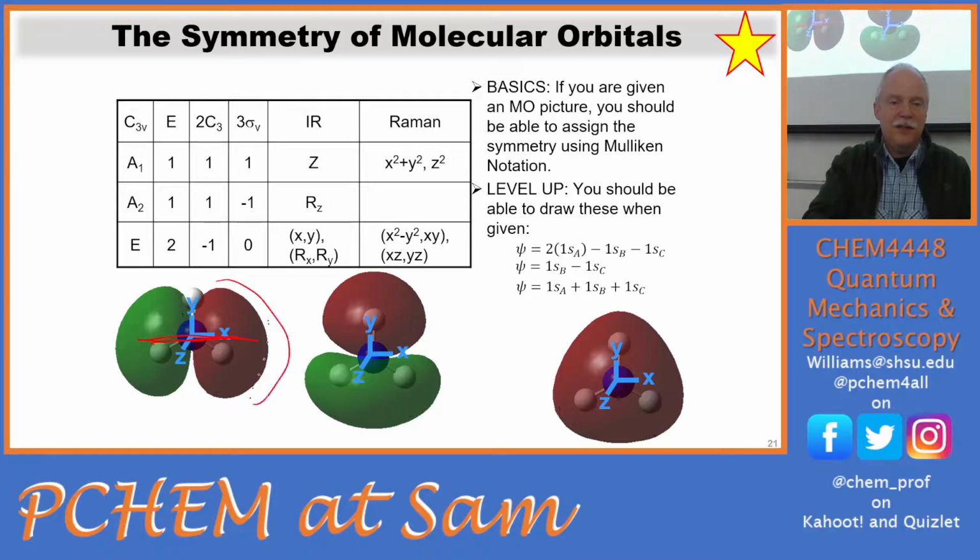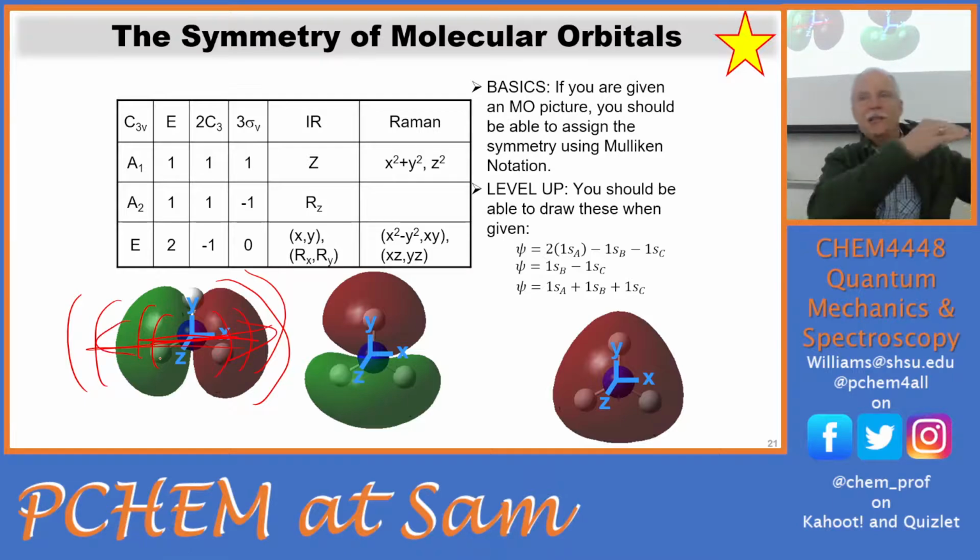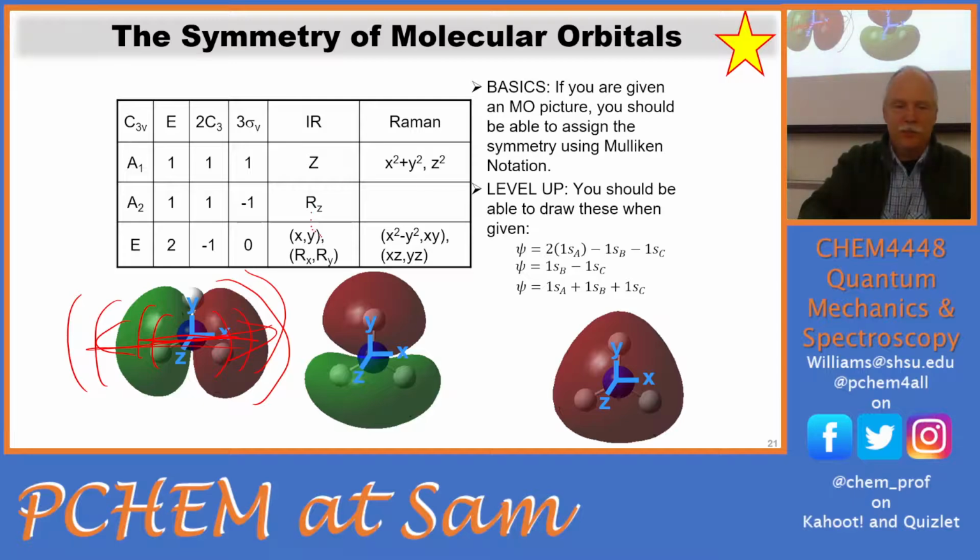You could think of it as expanding here and contracting there. Sometime later, it expands here and contracts here. If it's expanding and contracting like that, it's moving in the positive and negative x direction. It has x symmetry. And so you just simply go find x in the character table, and it's E. Same with this. If it's expanding and contracting along the y-axis, it has y symmetry. So you find that, and it's E.